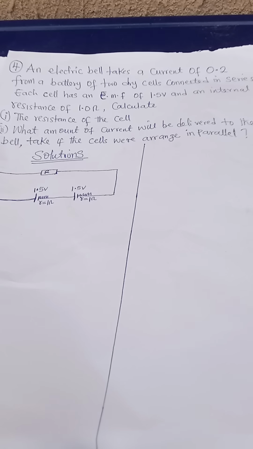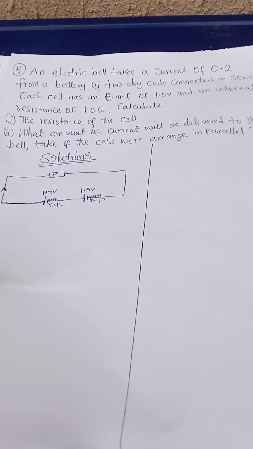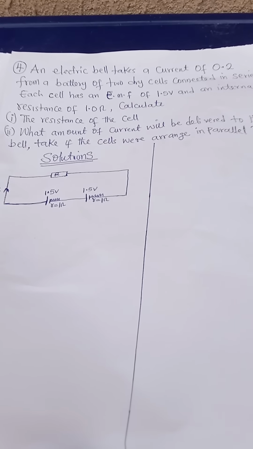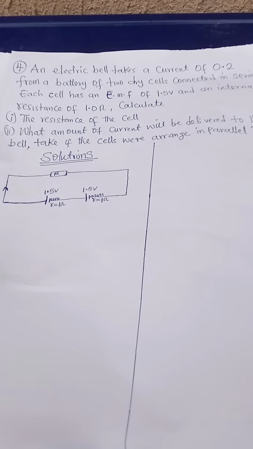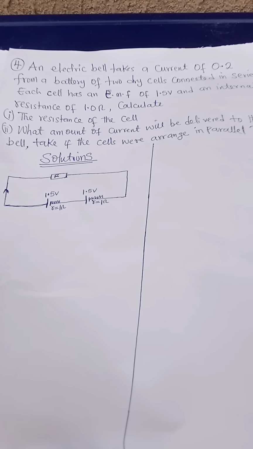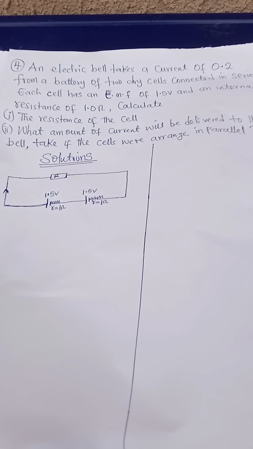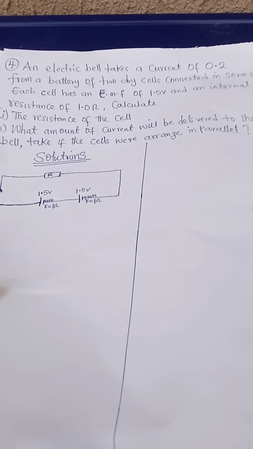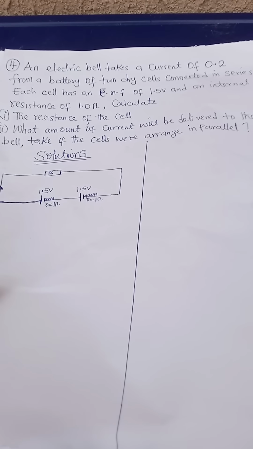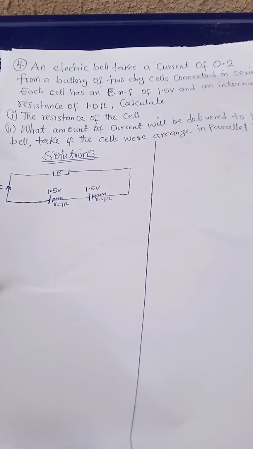All right, look at the last question, which is number 4. The question says an electric bed takes a current of 0.2 amp from a battery of 2 dry cells connected in series. Each cell has an EMF of 1.5 volts and an internal resistance of 1.0 ohm.